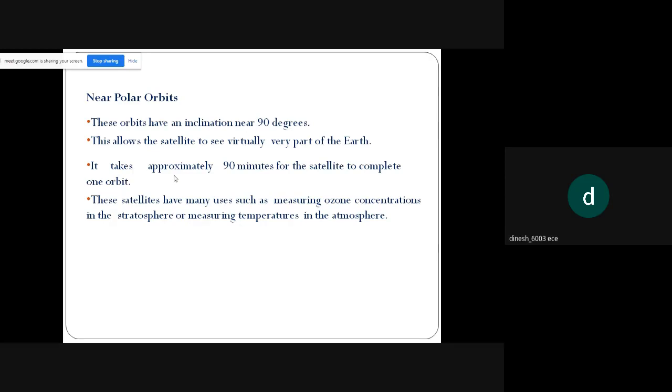This takes approximately 90 minutes for the satellite to complete one orbit. These satellites have many uses, such as measuring ozone concentration in the stratosphere, and measuring the temperatures in the different atmospheres. For that, we can use the near polar orbits, measuring the contents of O3, or ozone.